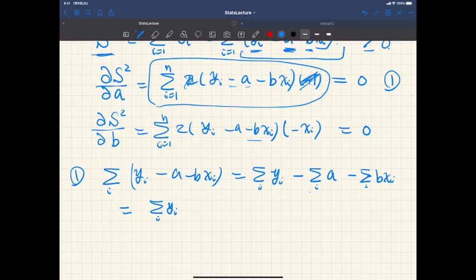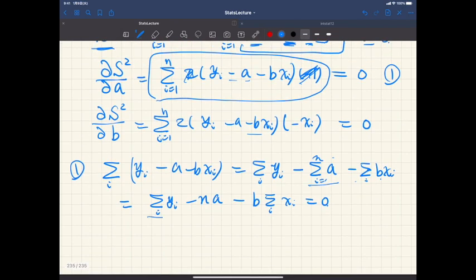So what's the sum of a constant? i runs from 1 to n, so this is n a. I've seen many students say this is equal to a, but it's not equal to a, it's equal to n a. And you put this b outside, so we have this, equal to 0.